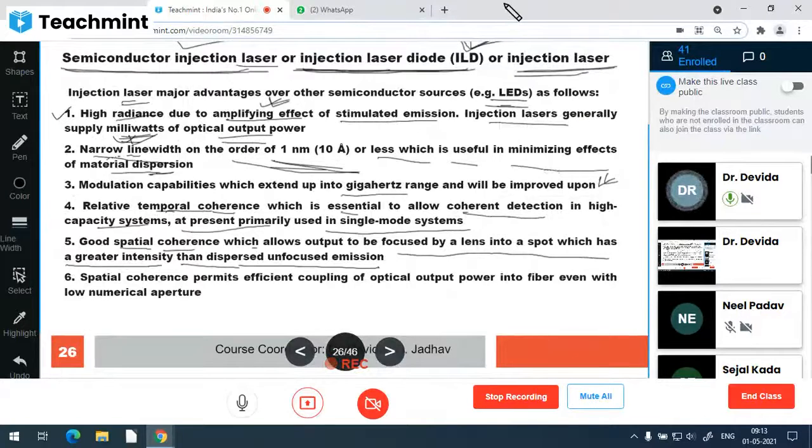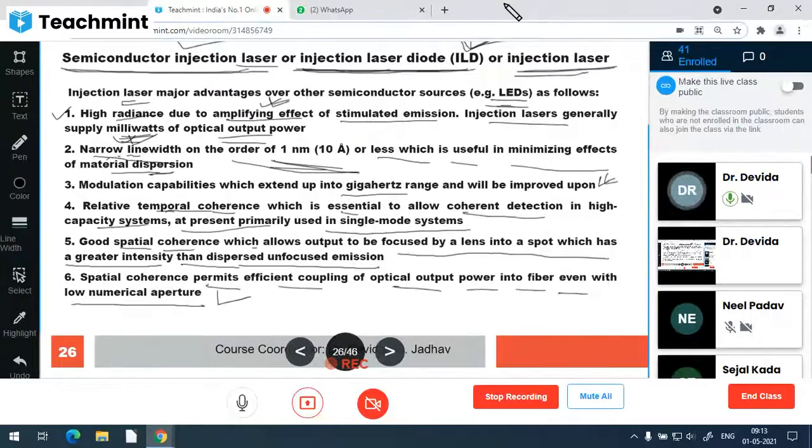And the spatial coherence again permits efficient coupling of optical output power into fiber even with low numerical aperture. So fibers having less numerical aperture also can be very efficiently coupled with laser sources, and it is not possible with light emitting diode LED sources.